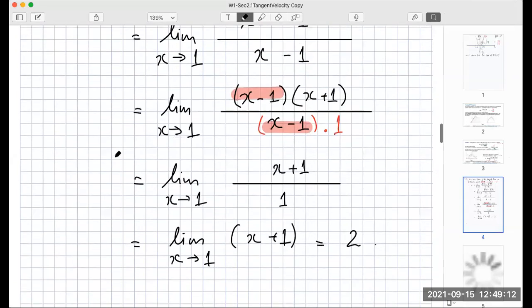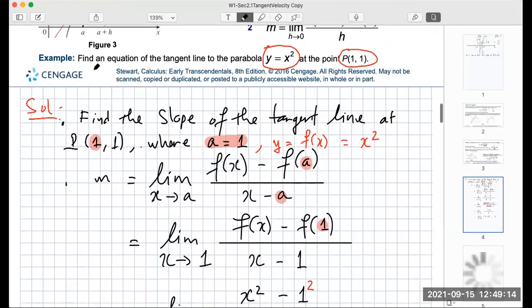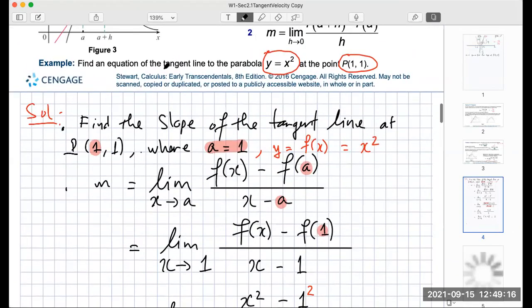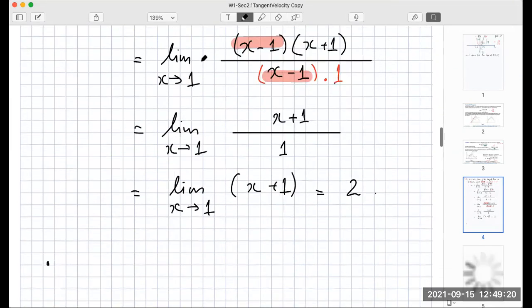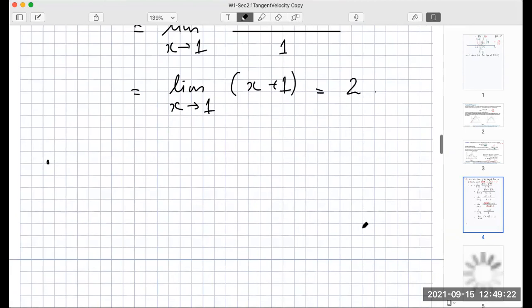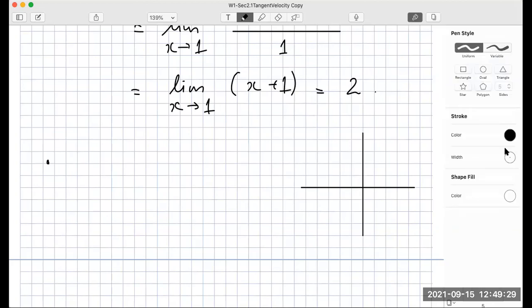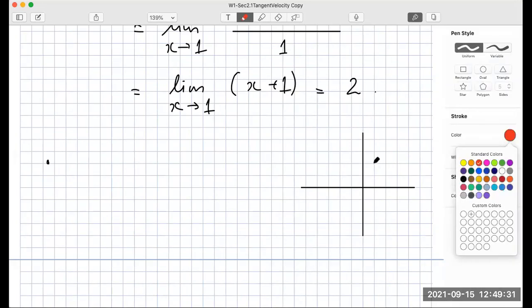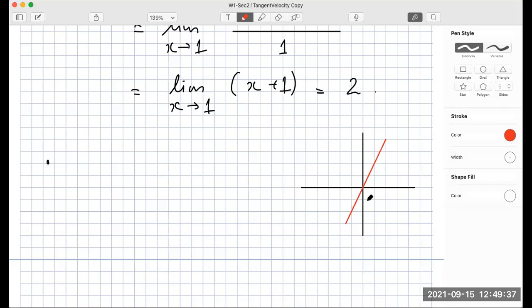So they ask us about the tangent line, right? Remember, if you don't remember the formula, the slope of the tangent line is 2. It means that if x changes 1 unit in this direction, y will change 2 units.